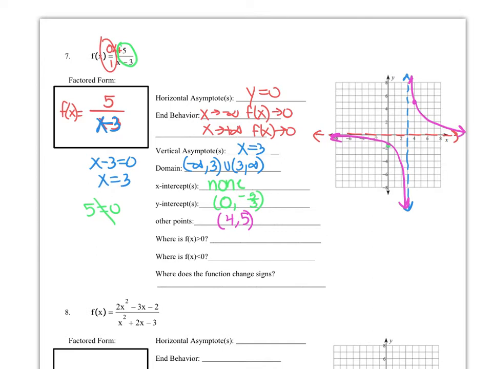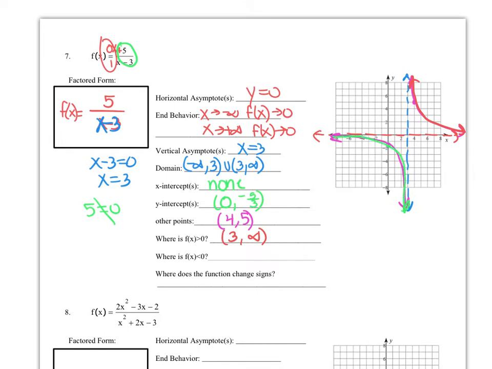Now the next piece asks for where it is greater than 0. You can see the only piece where this function is above the x-axis is over here. Okay, so that starts at the vertical asymptote and goes to infinity. And then where is it below the x-axis? And that's, I'll color it in green now.